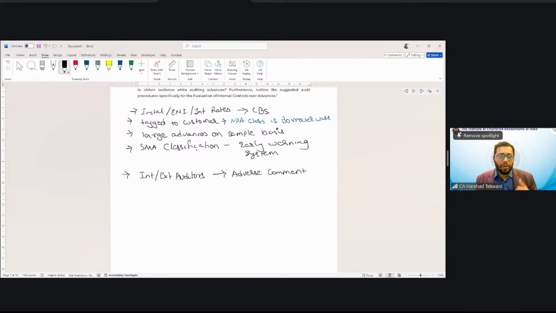Because those can be classified as a loss asset. Then NPA classification, quick NPA or quick mortality cases. Okay. Then income recognition.